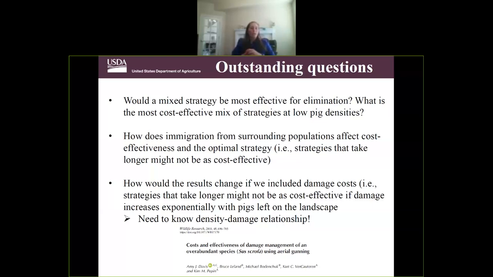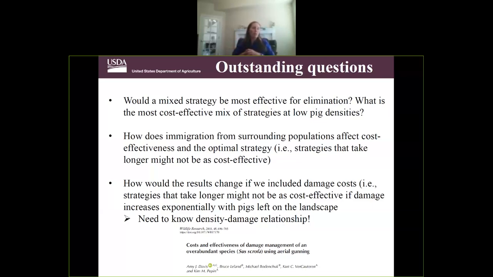So essentially, some of the strategies that allowed a lower bait site density were still cost effective, but they actually take longer to eliminate the population. And so if immigration is happening, it could be that those pigs are contributing to damage, and maybe those wouldn't be so cost effective if you're allowing immigration.